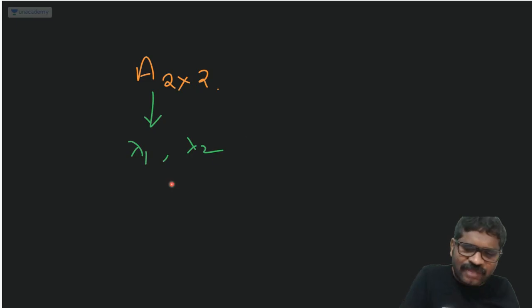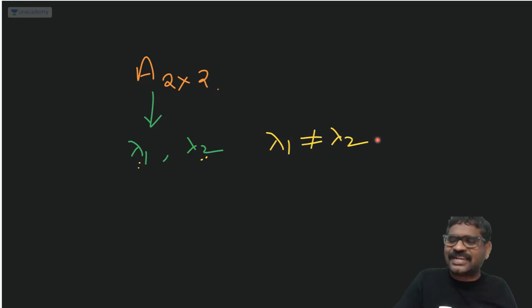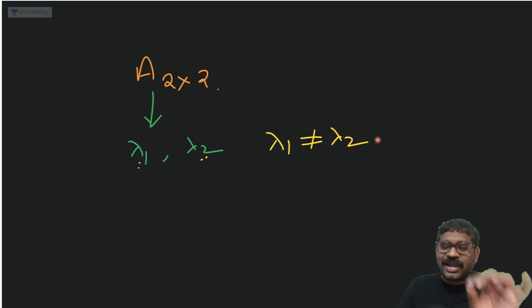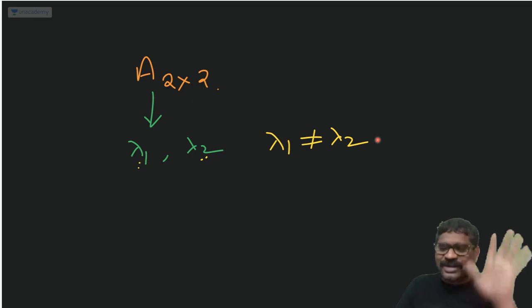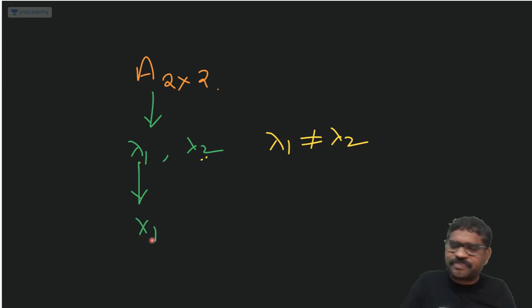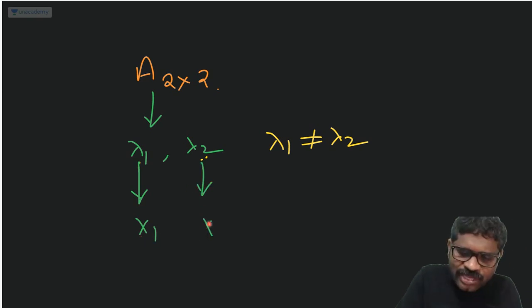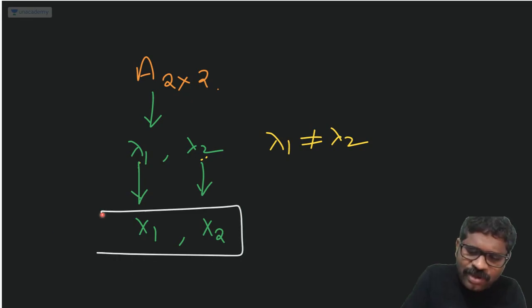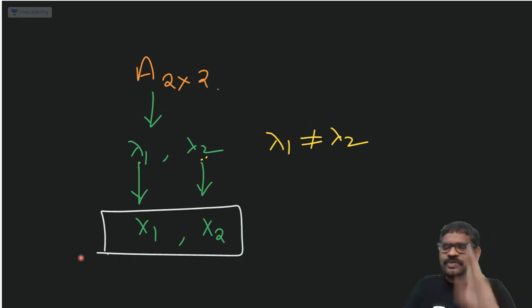If lambda 1 and lambda 2 are distinct, different, then corresponding to lambda 1 there will be one independent eigenvector, and corresponding to lambda 2 there will be one independent eigenvector. Total number of independent eigenvectors is 2.